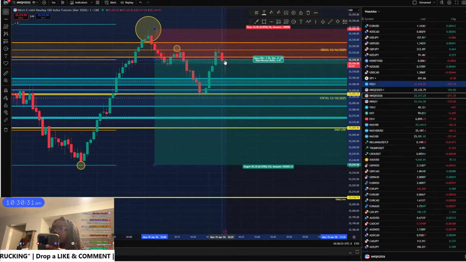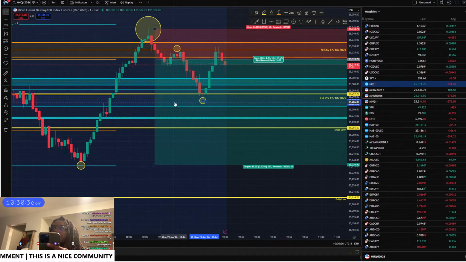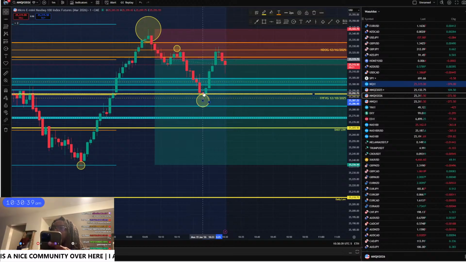See if we could take this sell back down, at least target this liquidity right here. If we can't get all the way down here, we should be at least able to get this down.